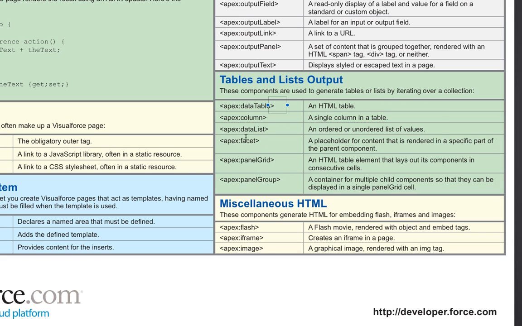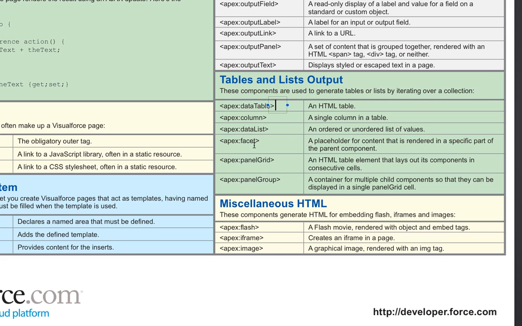And after finishing the output tags, we do have tags for showing the data in terms of table format, grid format, column format. So Apex data table is simply Apex HTML table.